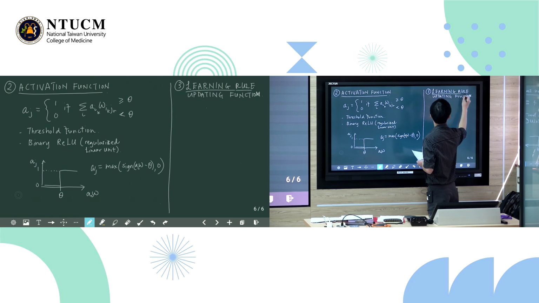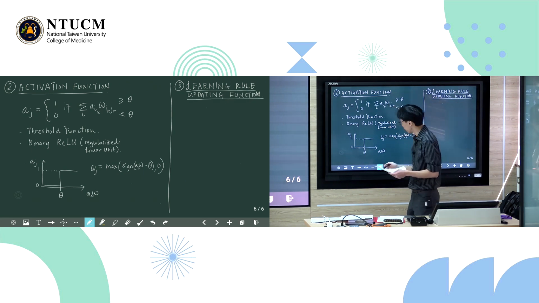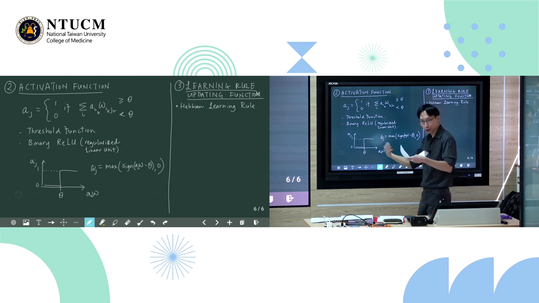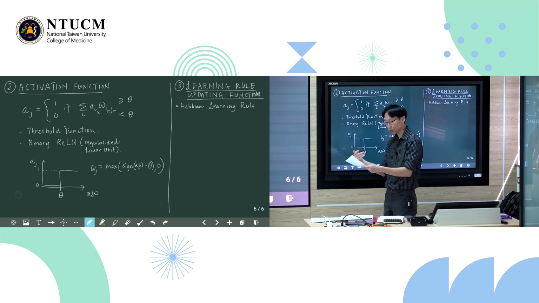It's a learning rule, it's an updating function. Specifically, Hebbian. As we discussed just now, Hopfield used the Hebbian learning rule, which is that neurons that fire together in time wire together. They start to form connections.